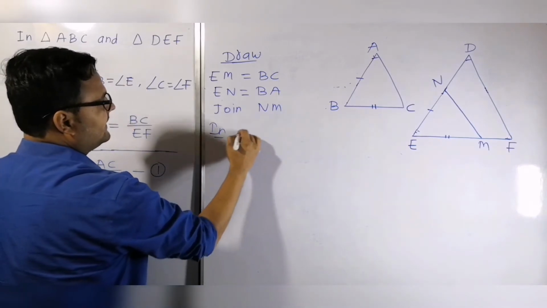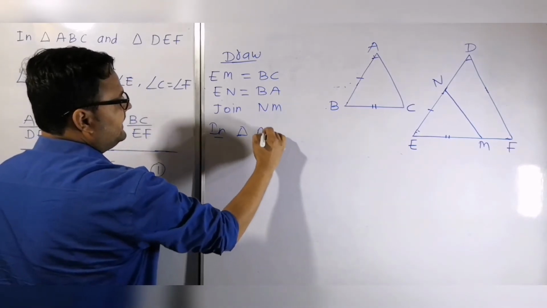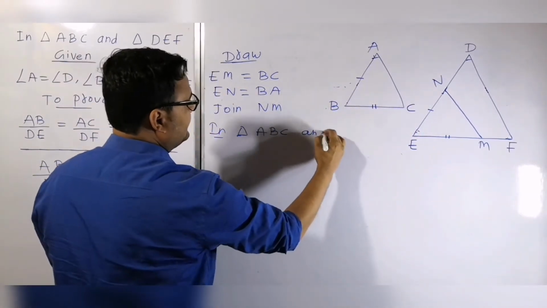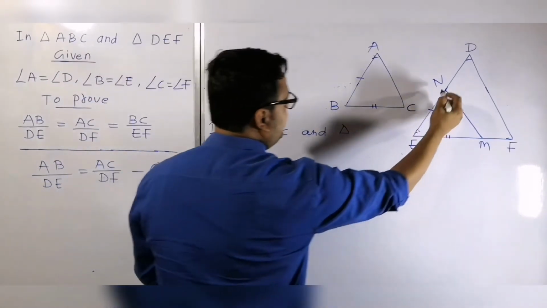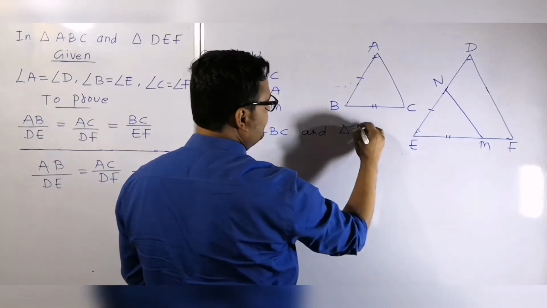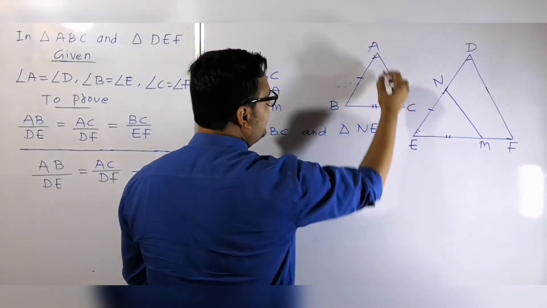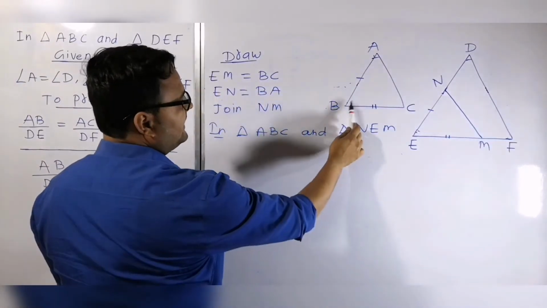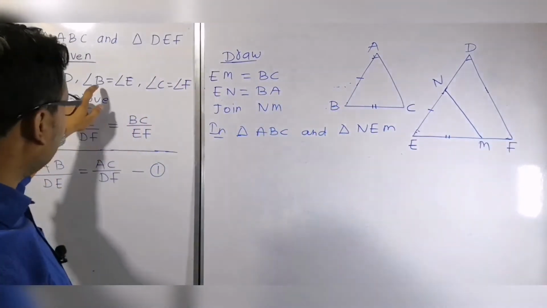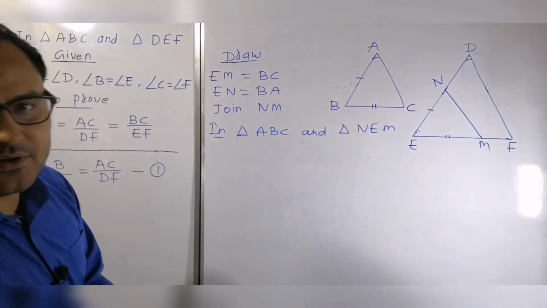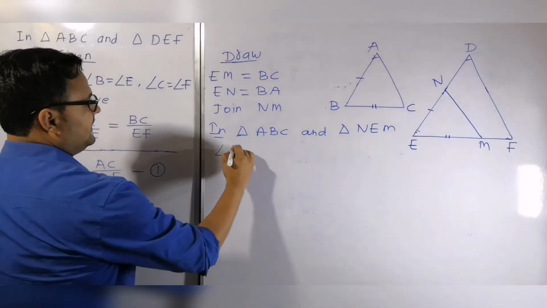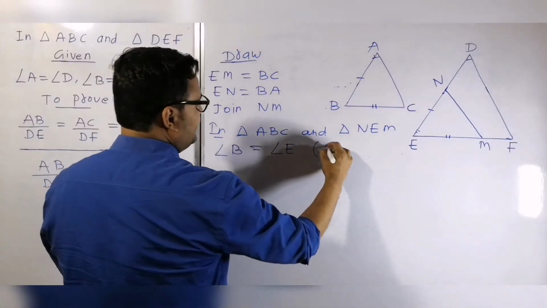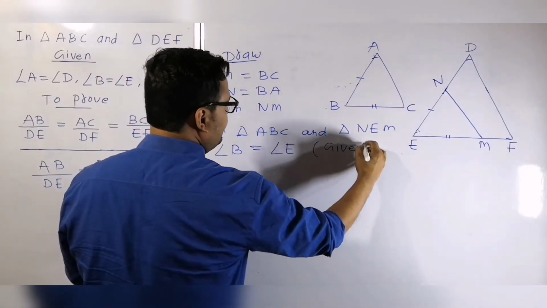Now in triangle ABC and triangle NEM, in this one, angle B equal to angle E, which is already given in the question. Angle B equal angle E, that is already given.